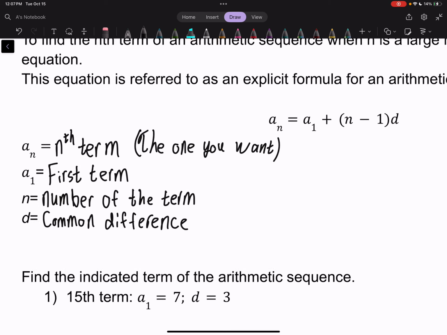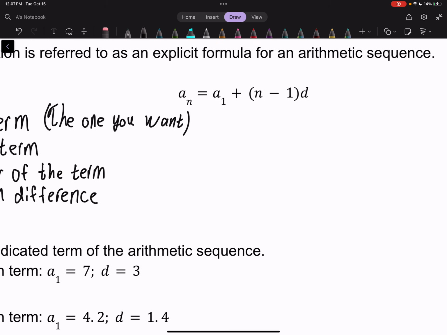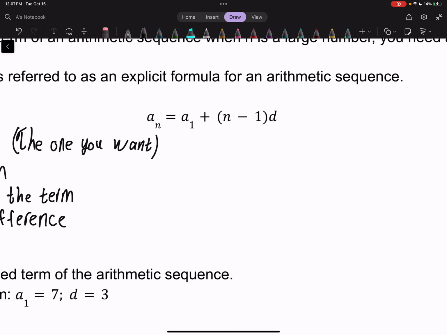Now take a minute, I want you to think about what this is saying. This is saying if I want to know whatever term a sub n is, I'm going to take the first number, and then I'm going to add whatever my ratio is.